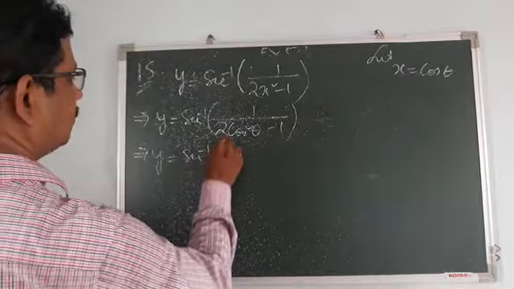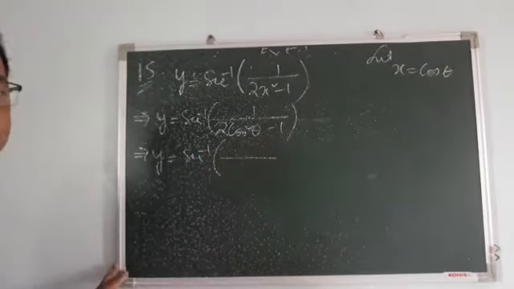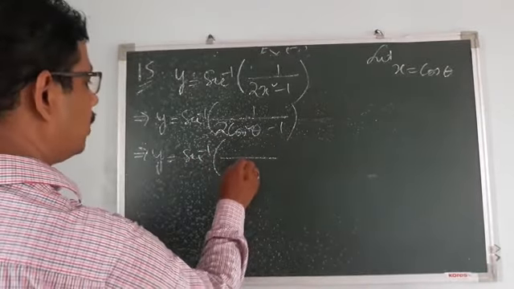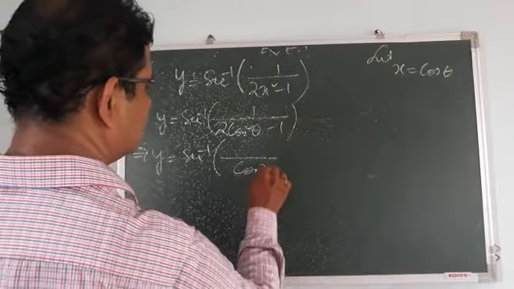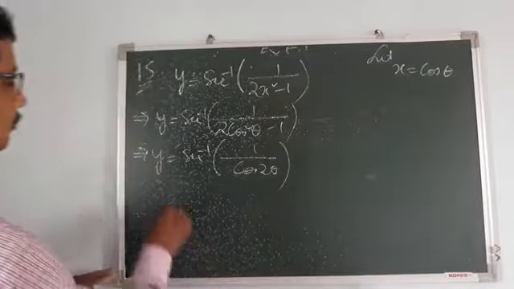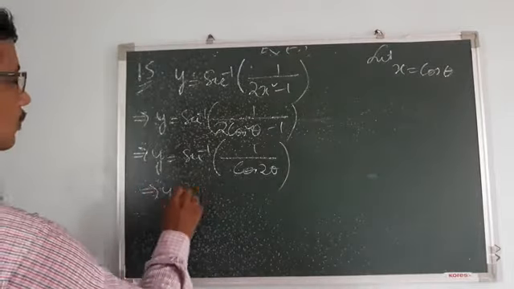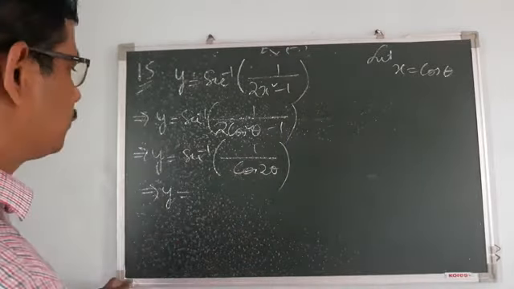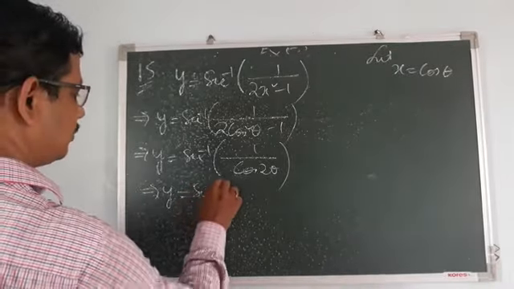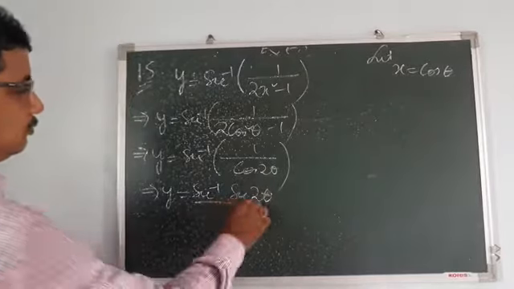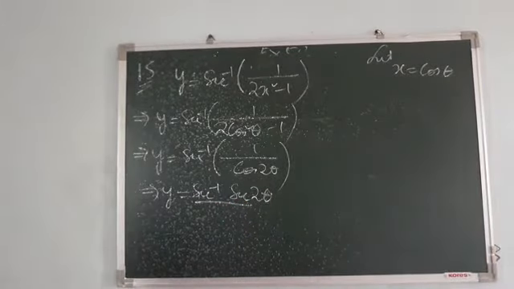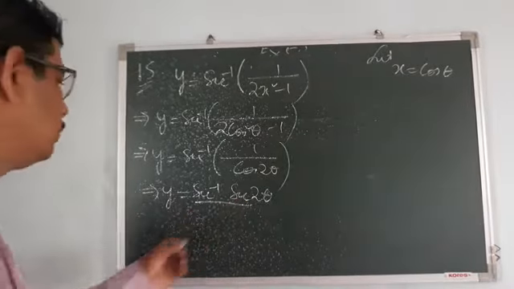Sec inverse. Now 2 cos square theta minus 1, we have a formula for that. It is what? Cos twice theta. So 2 cos square theta minus 1 is cos twice theta. This gives 1 by cos twice theta, which is what? Sec twice theta. Both will cancel. We are left with what?